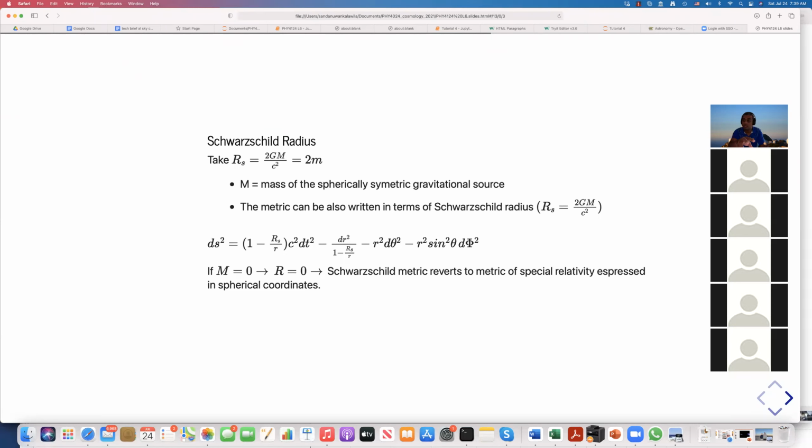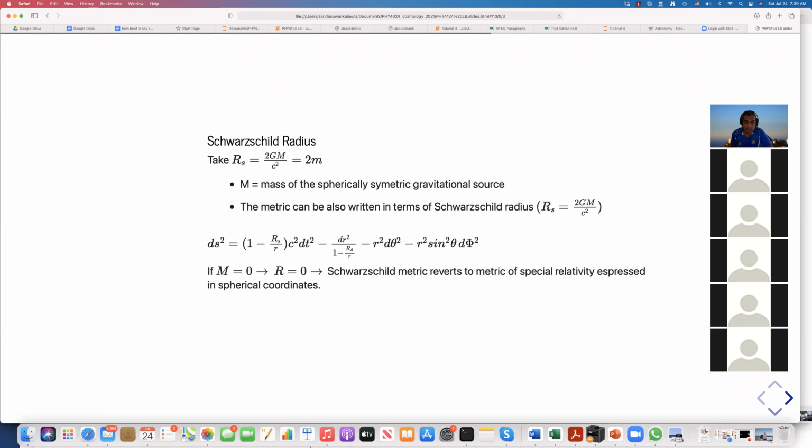You use the vacuum solution and the connection coefficients, then the Ricci tensor, to find those components of the Schwarzschild metric, right? So what we are doing now is just using the Schwarzschild metric for different applications. So make sure that you understand those two situations separately.